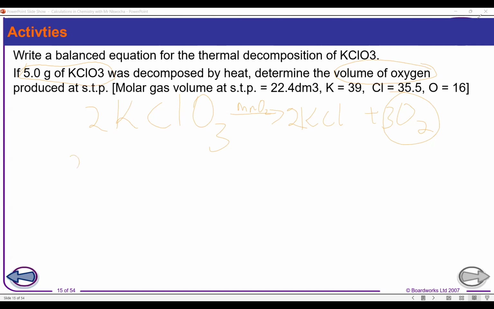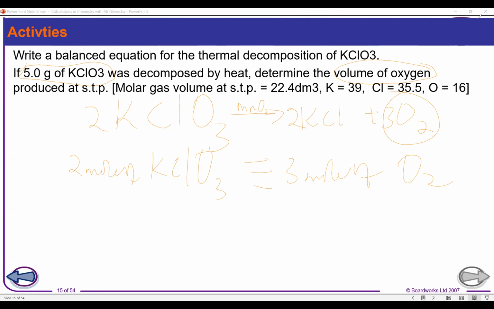So I'll just do 2 mole of KClO3 will give me 3 mole of oxygen. Very simple. You don't need to fear anything. So I've brought it down to mole and you are all ready to go.